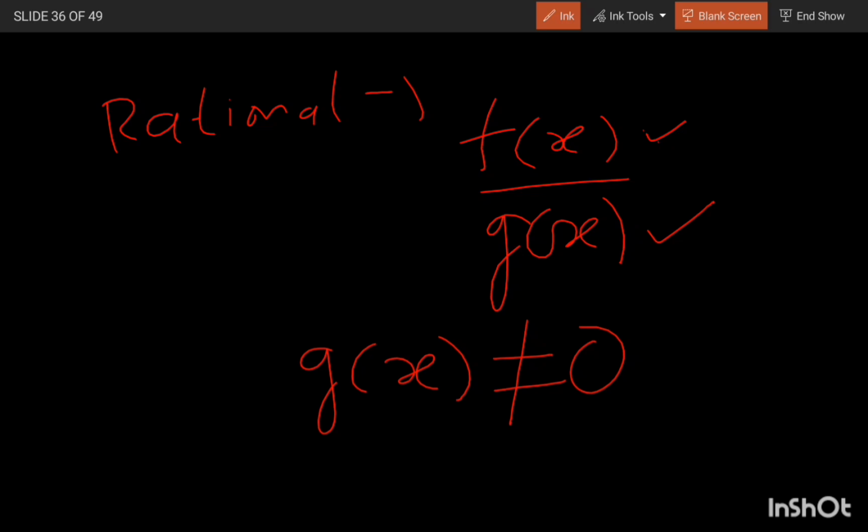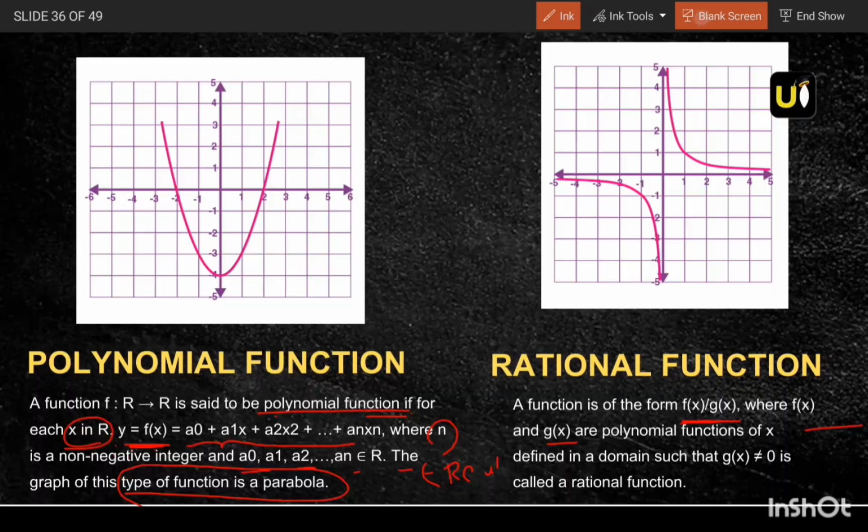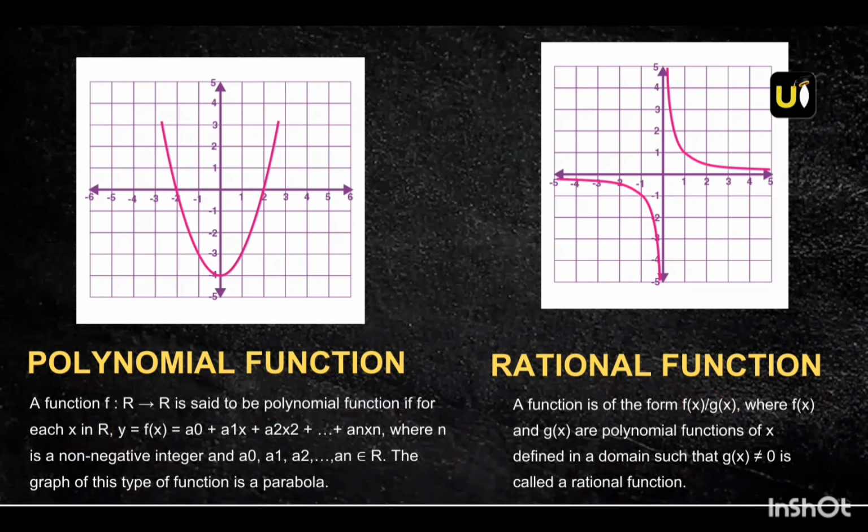Then that is considered as a rational function.